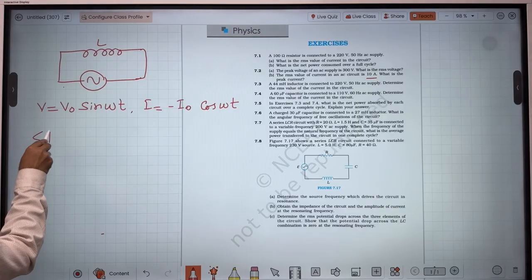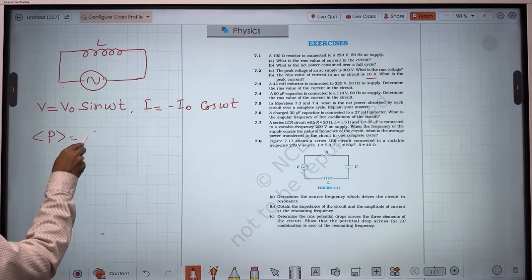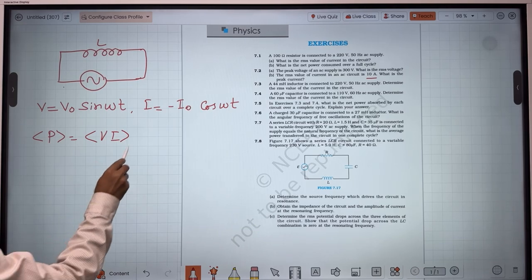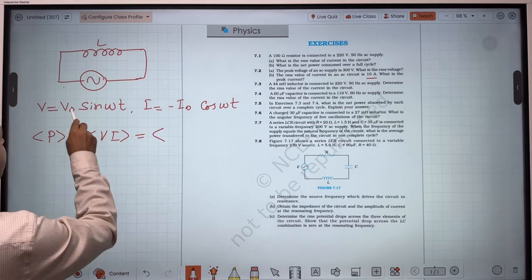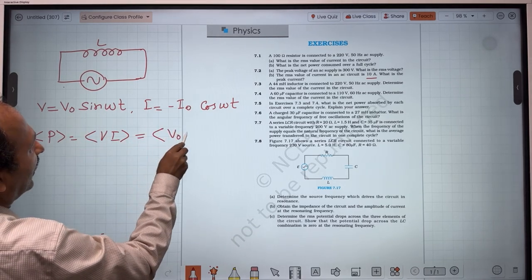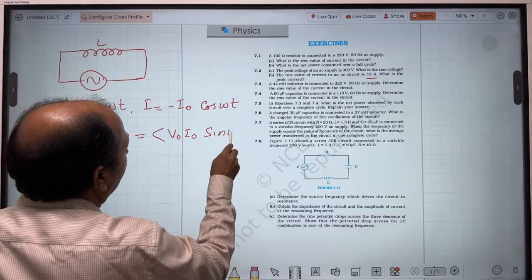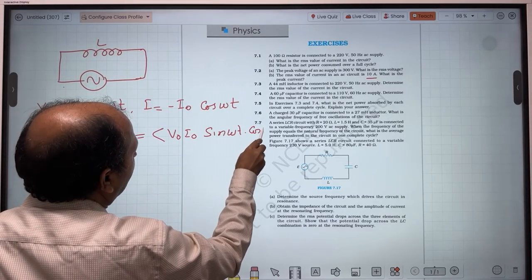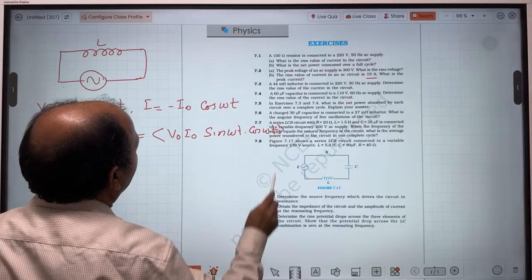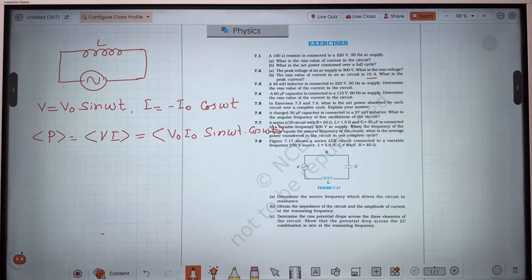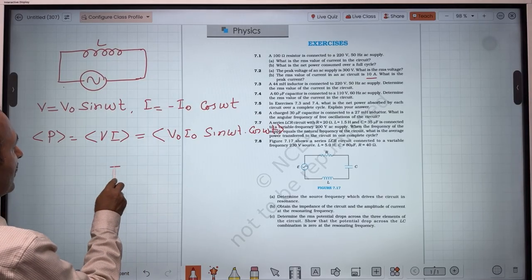If we find average power, we can say V I average, and that is V0 I0 sine omega t into cos omega t, and here I have left the minus sign, or you can write the minus sign here, that does not matter.